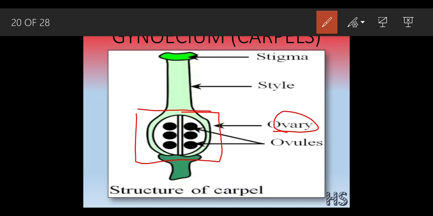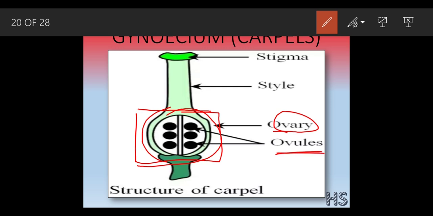If there are many carpels, many ovaries. One carpel, one ovary. So this is the swollen part. Swollen means the swelled part. This swollen ovary consists of many round body-like structures which are called ovules.